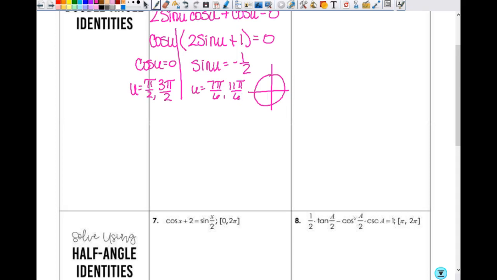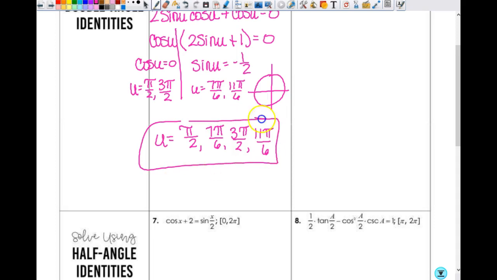Right? So now I put them in order. That's going to give me pi halves, 7 pi 6ths, 3 pi halves, and 11 pi 6ths. Any questions? Okay.